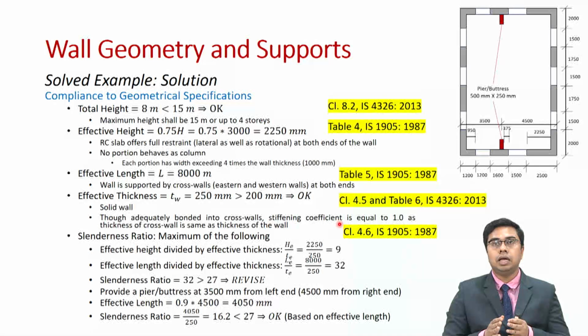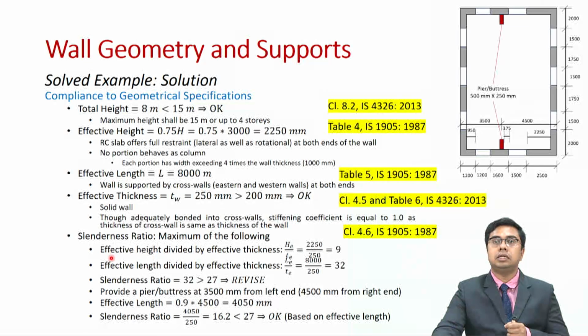Now, once we have our effective height, effective length and effective thickness known to us, we are ready to calculate the slenderness ratio. The code defines slenderness ratio as the maximum of the slenderness ratio obtained based on effective height and effective length. It is obtained from clause 4.6 of IS 1905.